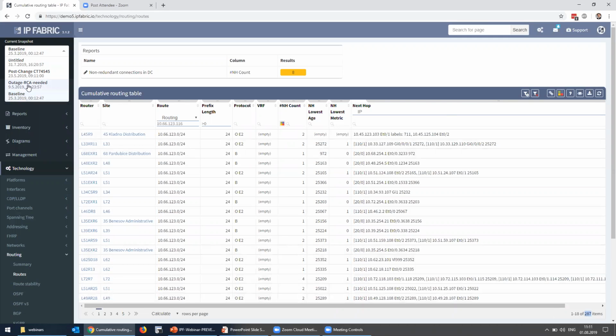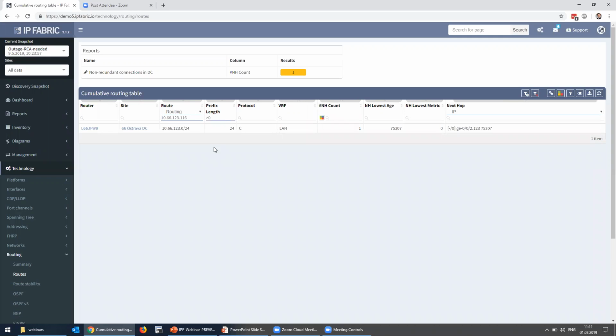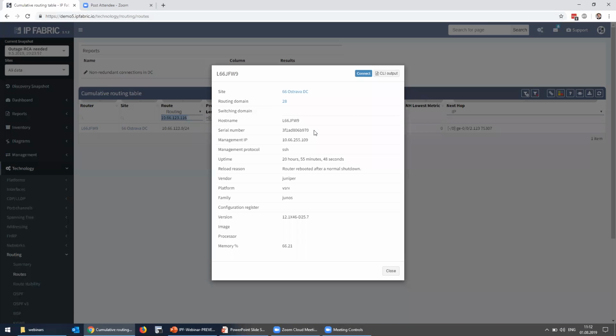But during the outage, we can see that the only route present was a connected route at only one site and only on a single device. So that's a device that hosts that network, and we can see that this is a Juniper SRX firewall that's hosting that network.